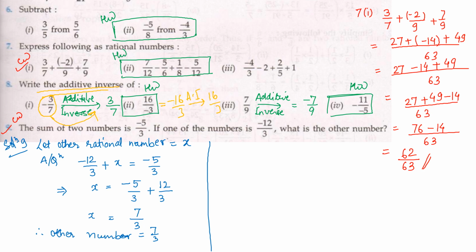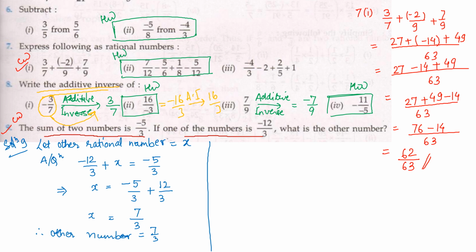Word problem. Question number 9. They are saying that the sum of two numbers is minus 5 by 3. One of the number is minus 12 by 3. What is the other number? Whenever they talk about this, like sum of two number is this, one number is this, what is the other, or the difference of two number is this, one number is this, what is the other, there you have to assume the unknown number.